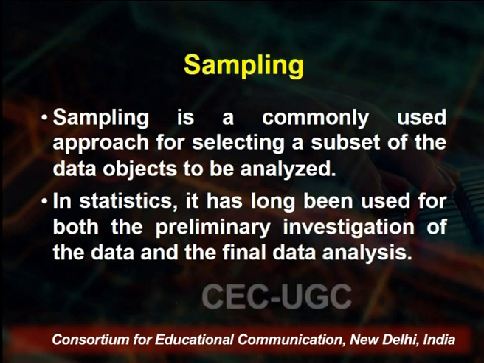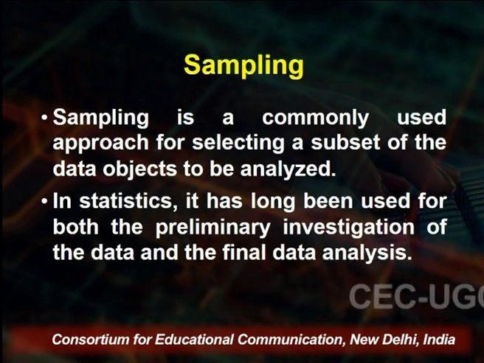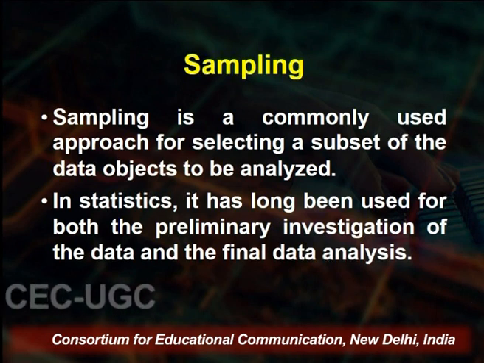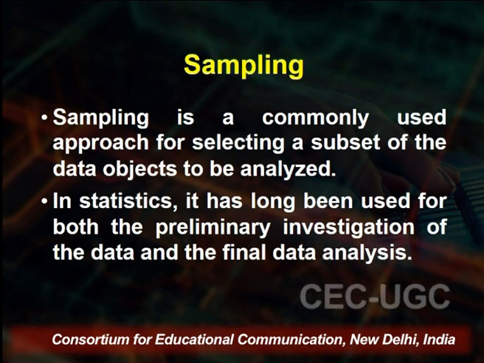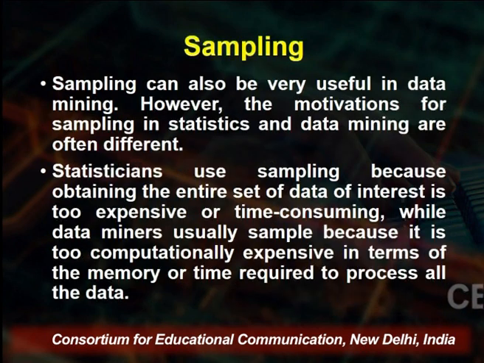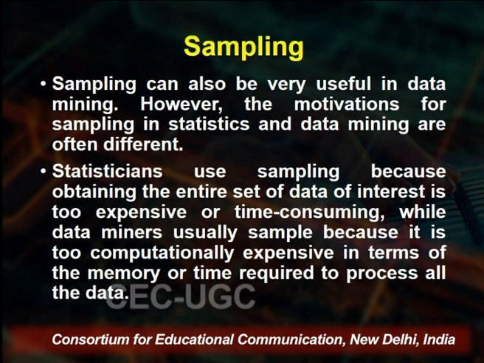It has been used for preliminary investigation of data and also in the final data analysis. Sampling is a very crucial and most commonly used technique, and it is very useful in data mining also, right.